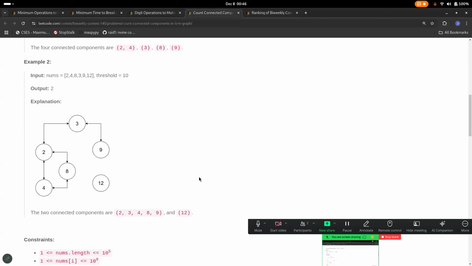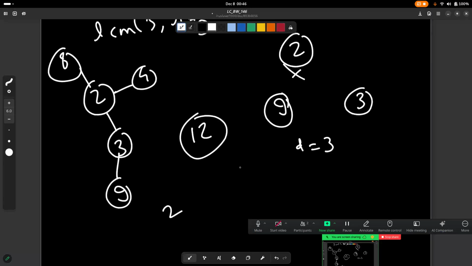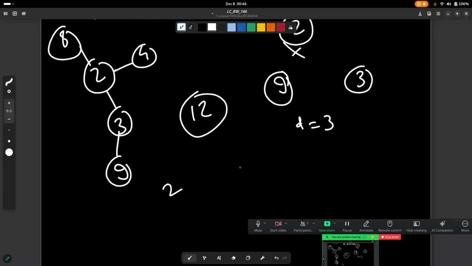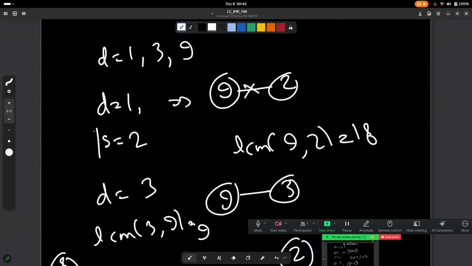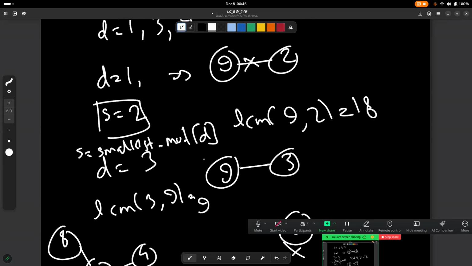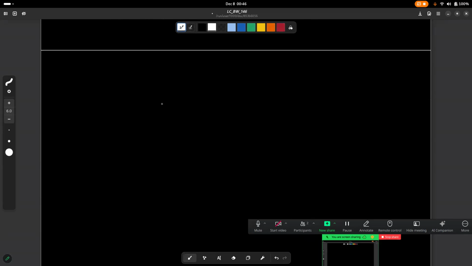Sir, but where did we use the smallest multiple array? Like we made it, but where did we use it? So the smallest multiple is what you're using to get this value of s. So s is the smallest multiple of d. Okay, right, I just got it.